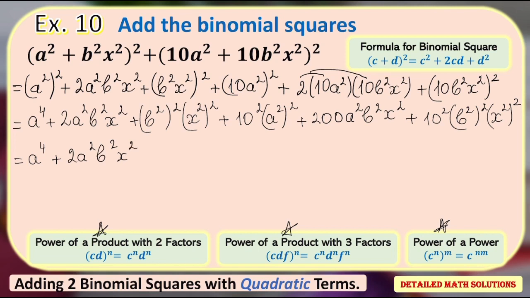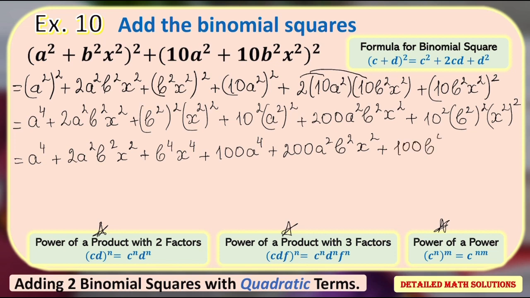Just rewrite these two terms, plus then b to the 4th power x to the 4th power plus 10² is 100a to the 4th power plus 200a²b²x² plus 100b to the 4th power x to the 4th power.